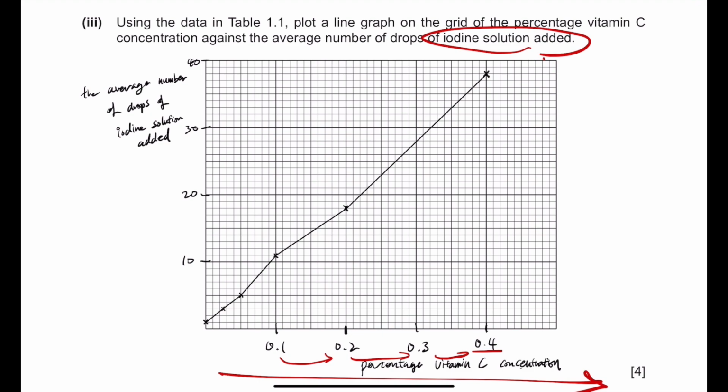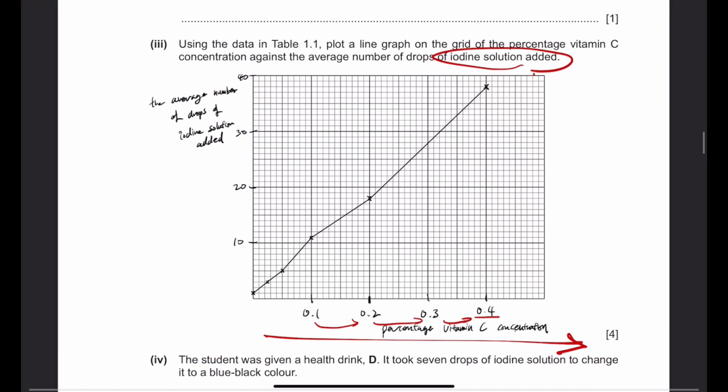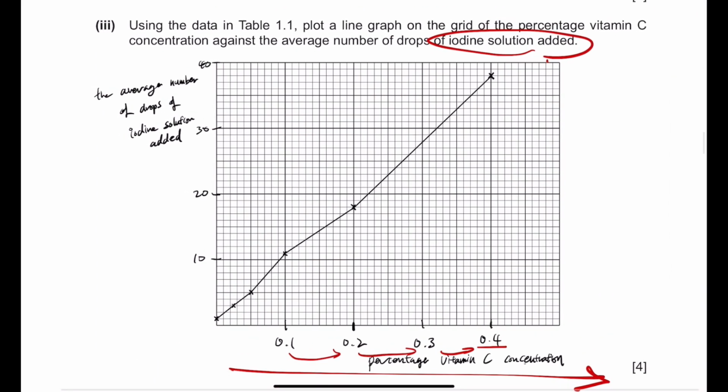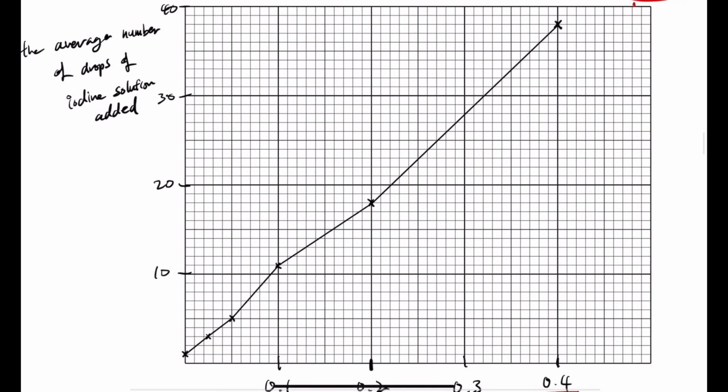The question doesn't actually ask you to draw the line of best fit. So just plot all the 6 points correctly like this, and then draw a line or lines connecting the dots or the points like this. Okay.